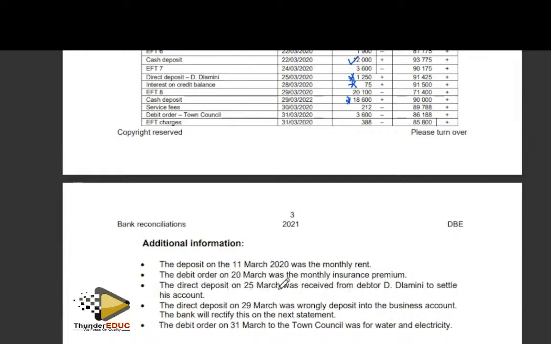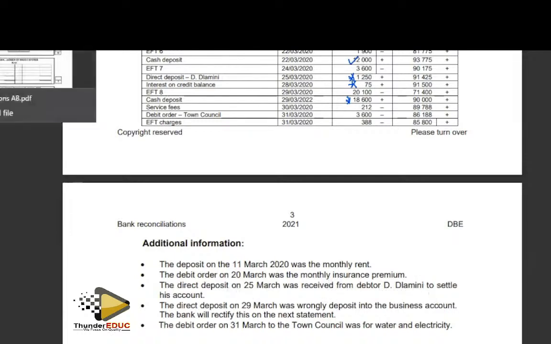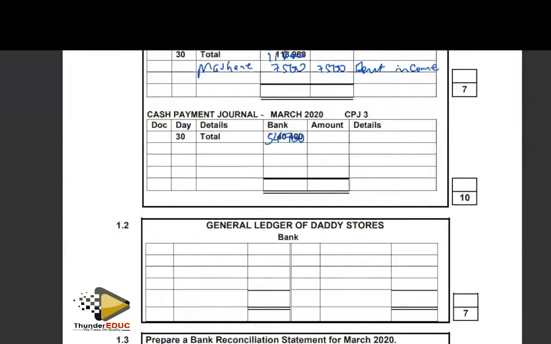So the direct deposit on 25 March was received from D-Dramin to settle his account, right? Remember, a debtor is someone who bought goods on credit, so this person is paying his account.